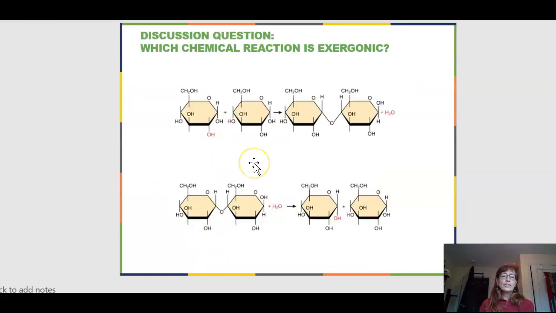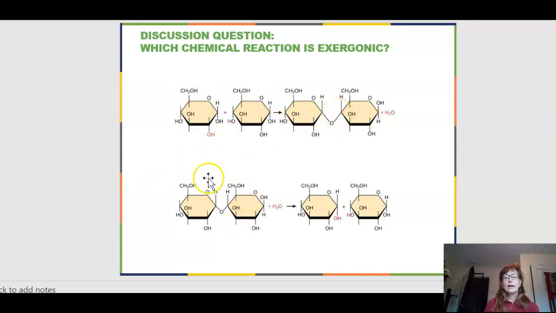So when you look at these two, here are our reactants, our substrates, these two monosaccharides, and we're going to form this disaccharide. Is this reaction going to happen spontaneously, or is it going to require some energy?